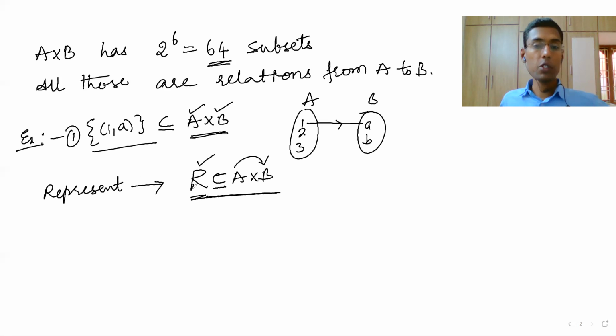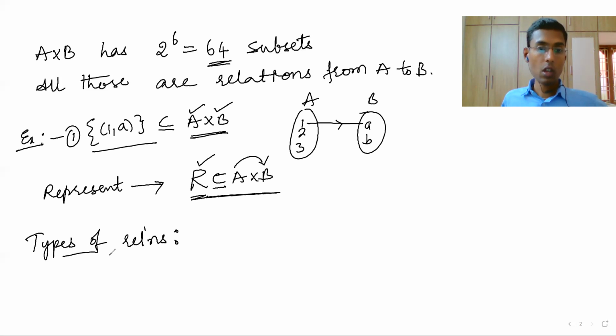But here we have different types of relations. Let's see the types of relations. So how many types of relations do we have? Number one, empty relation.